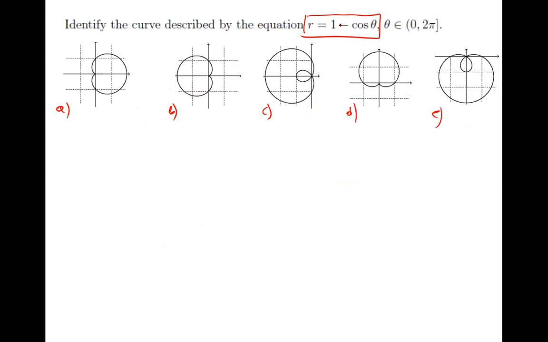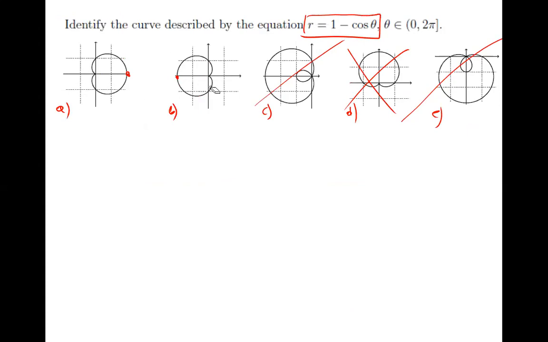First of all, it's 1 minus 1 cosine. That's not a loop. That's not a limaçon. A and B are wider on the x-axis. That means this is not the case. B, do you think it's B?